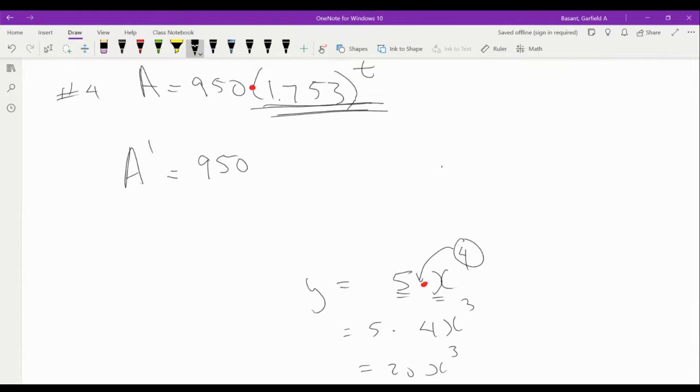And we're going to take the derivative of that parentheses part. Are you following me, Faith? Okay. Yeah, so this 5 is just like this 950. It's just hanging out in the front because of the multiplication symbol. And then we're going to times this by the ln of the base, which is 1.753. And then we're going to keep the original function, which is 1.753 to the t power as our answer.